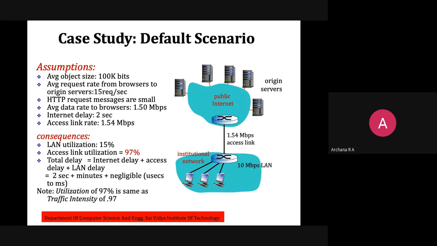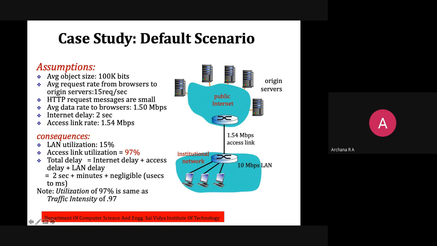That is given as 1.50 megabits per second. This is the average data rate at the browser; your web browser is able to receive about 1.50 megabits per second from the server.